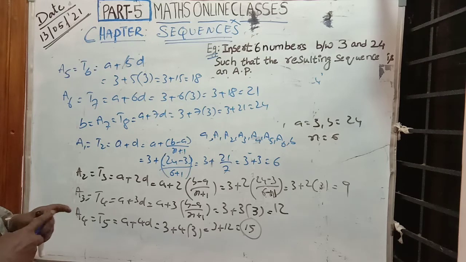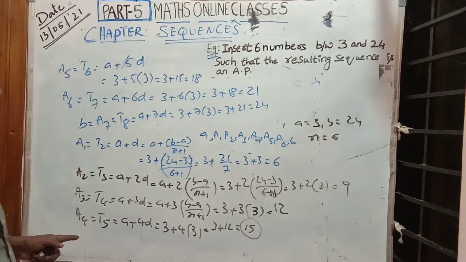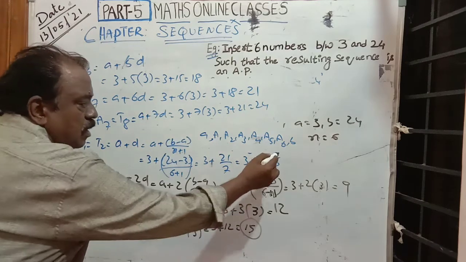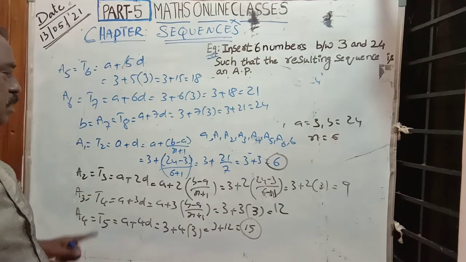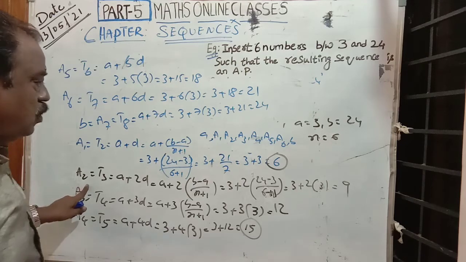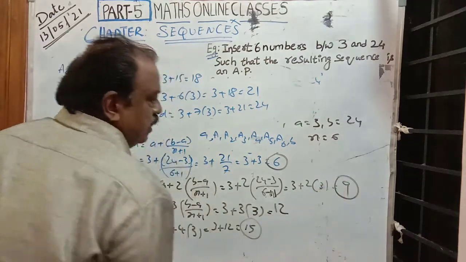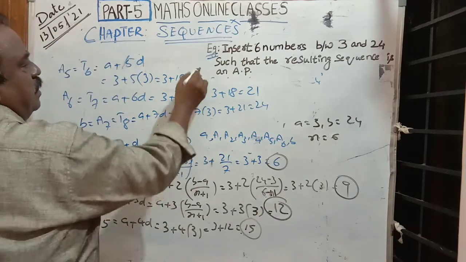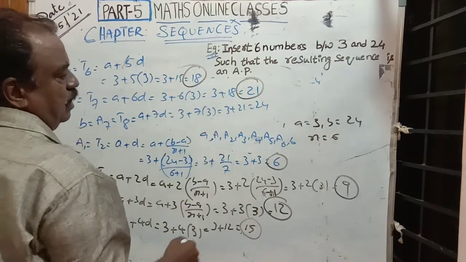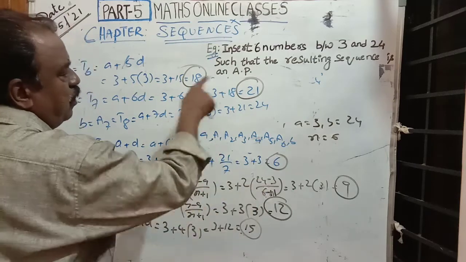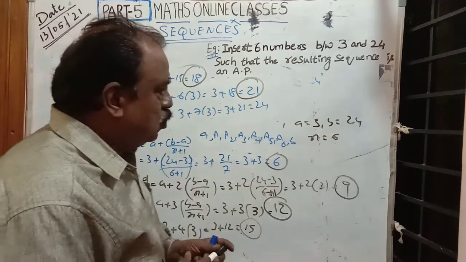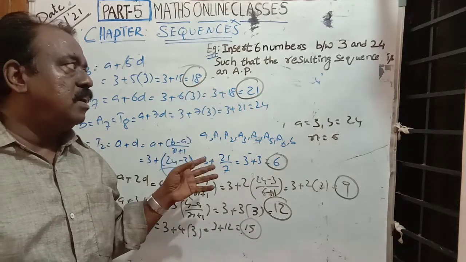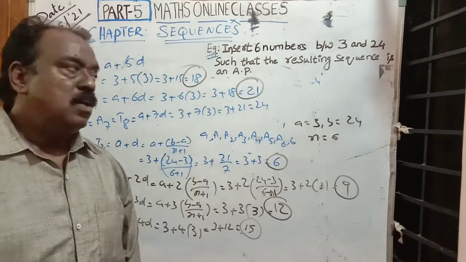So we have to find like this by using the formula. A1, the first arithmetic mean, is 6. A2 is 9. Next 12, next 15, next 18, 21. Like this, 1, 2, 3, 4, 5, 6. So there are 6 numbers which are inserted between the given numbers 3 and 24.